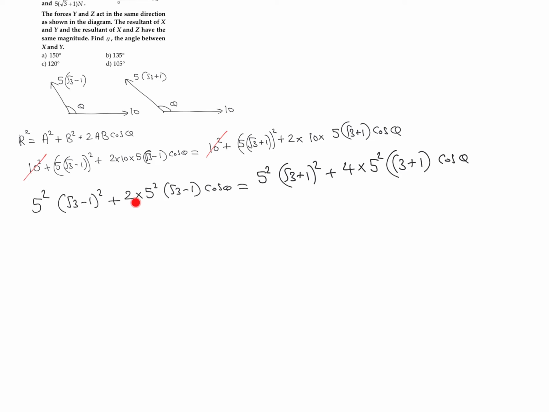The same thing comes over here also. Here 2 into 10, I'm writing as 2 into 5, so one more factor of 2 comes, so 2 into 2 is 4, not 2.